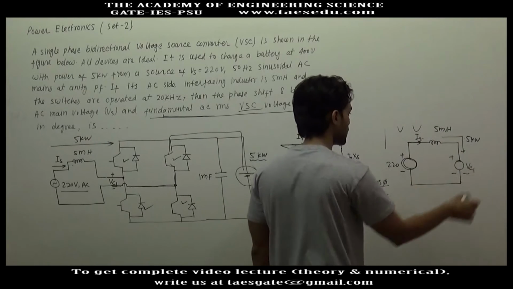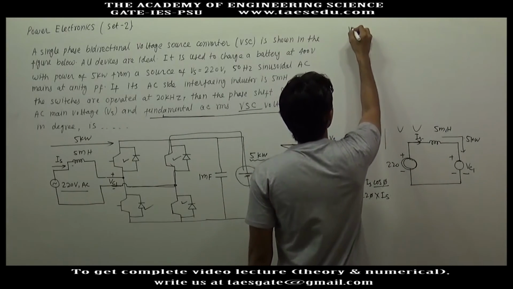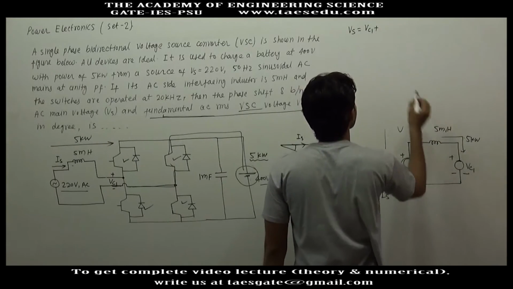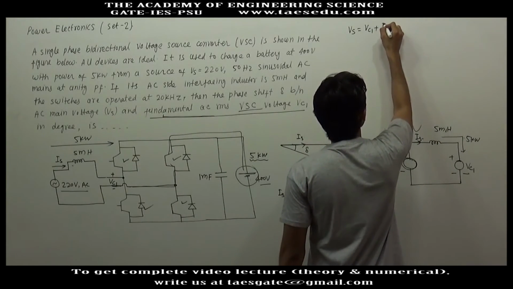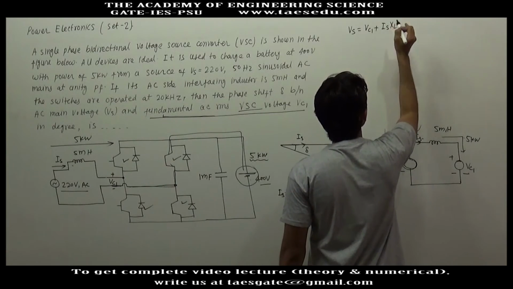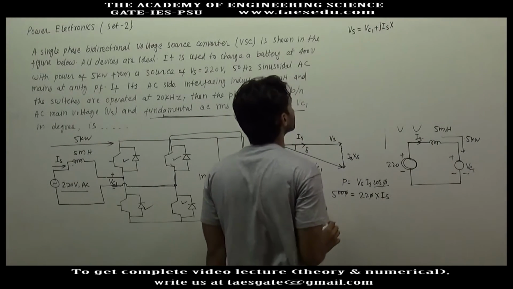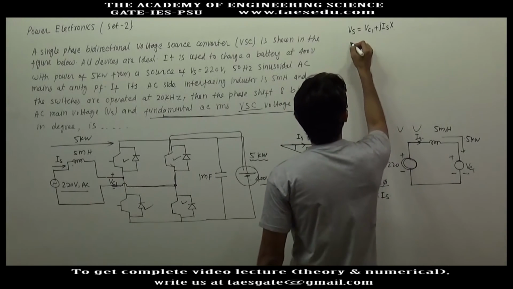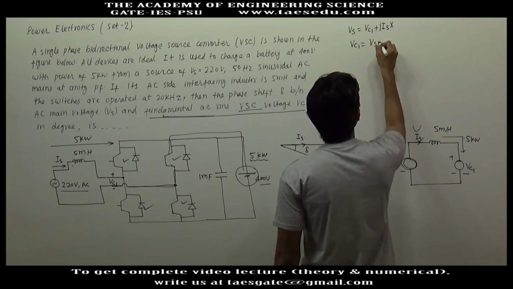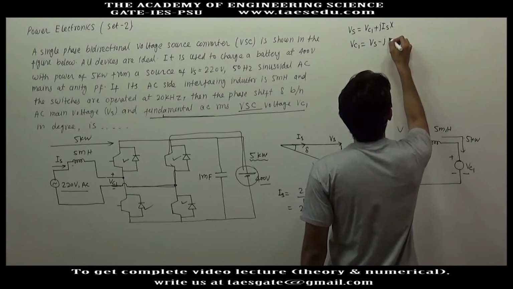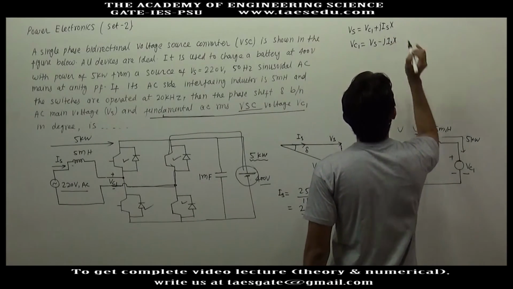So if you apply KVL, Vs will be equal to Vc1 plus the voltage drop across the inductor, and the voltage drop across the inductor will be j Is into X. So Vc1 will be Vs minus j Is X.